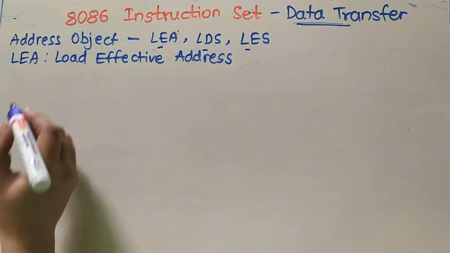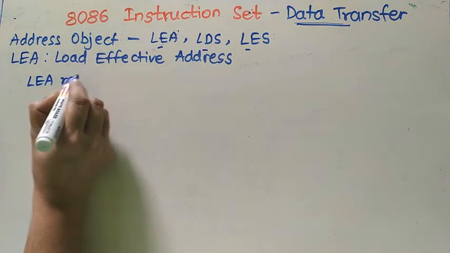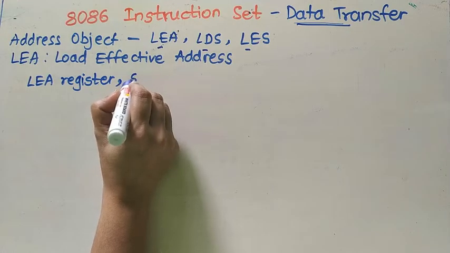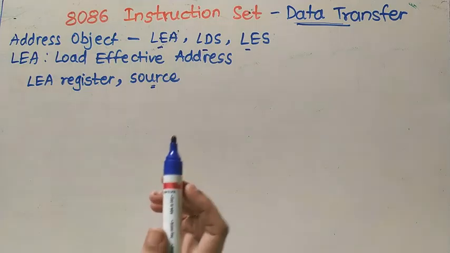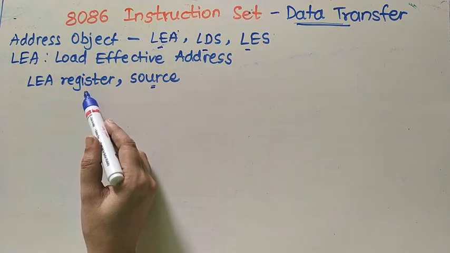The mnemonic or syntax for this is LEA register, source. Here the source specifies the offset address of the memory location, and it puts that offset address into this 16-bit register.